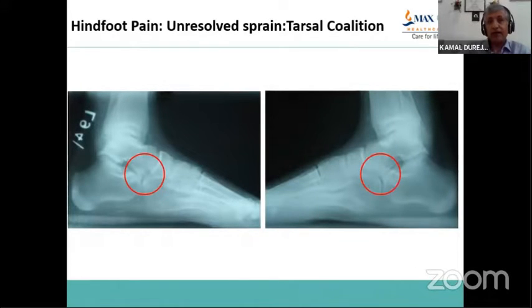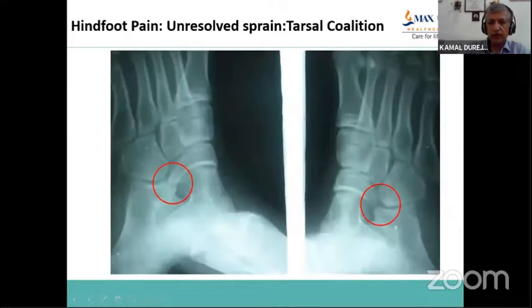Hindfoot pain in a case of unresolved sprain is often due to tarsal coalition. So what you see here is a calcaneonavicular coalition. The calcaneal anterior process is continuous with the navicular by a bony segment, and this is called calcaneonavicular coalition.